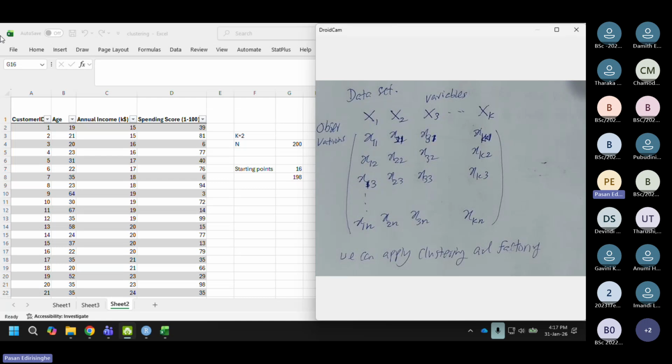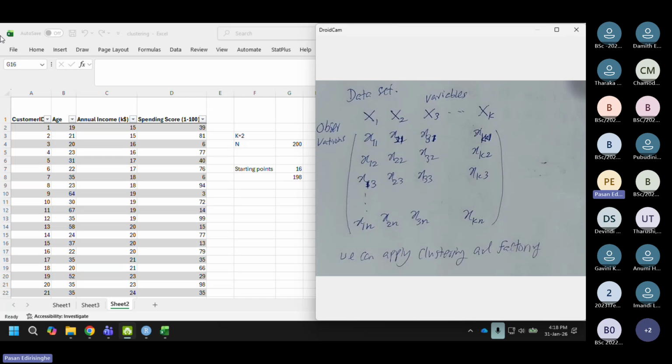Now you have the data, but people will not be interested in knowing all those 100 variables. What they want is to see a smaller number of variables than that. So in that case, we can reduce the number of variables.